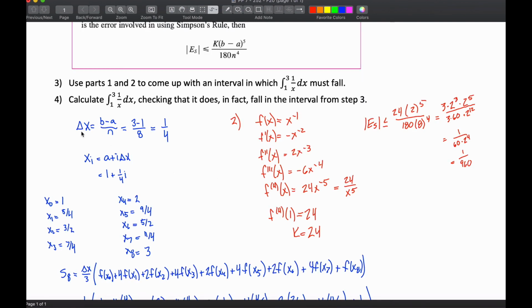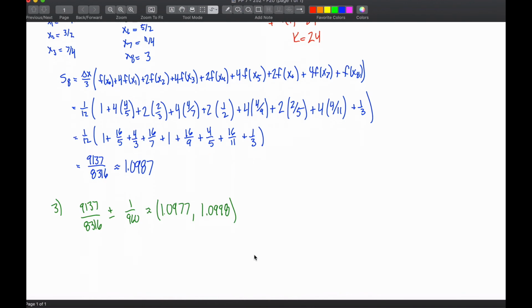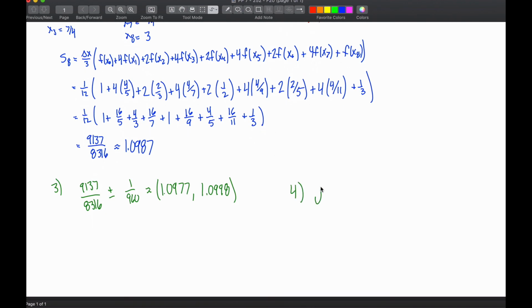And then finally, step 4, where I can kind of check to see if I screwed this thing up and I have to do the whole thing over again. I'm supposed to calculate the exact value of this thing. Well, surprisingly, the exact value is a lot easier than calculating these estimations. It's just going to be the integral from 1 to 3 of 1 over x dx. And since the antiderivative of 1 over x is the natural log of the absolute value of x, I just need to evaluate that from 1 to 3.